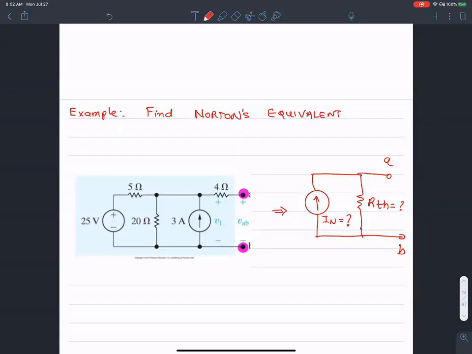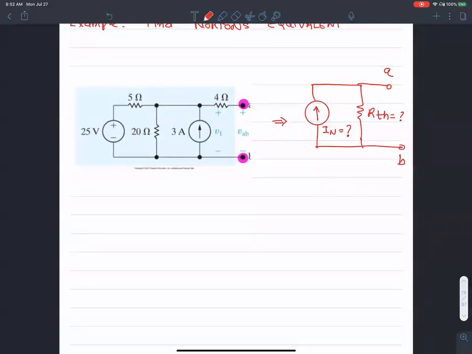Finding RTH is exactly the same as before. You deactivate all the independent sources and find the equivalent resistance. Nothing more to it.